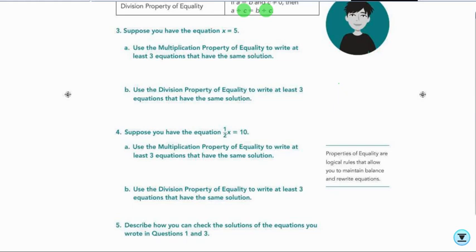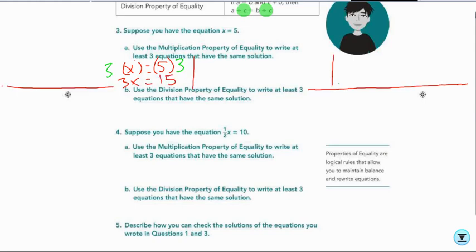So I'm going to take x equals 5, and so I have x in parentheses, and then that's equal to 5. I'm going to put that in parentheses as well. And so say we did 3 times x equals 5 times 3. And so my solution here would be to say, well, 3x is equal to 15.